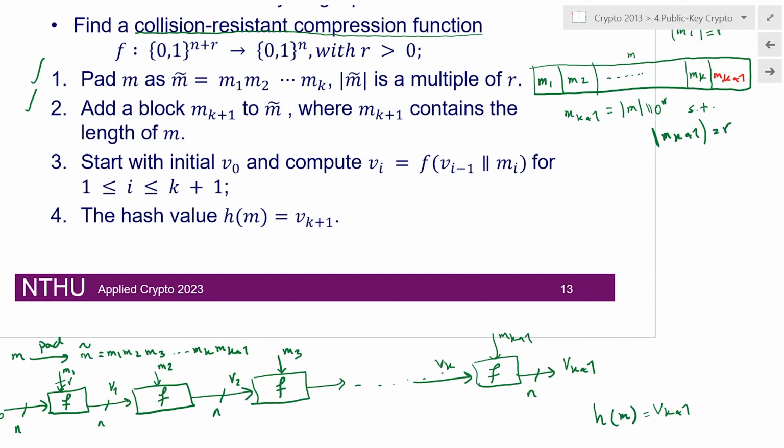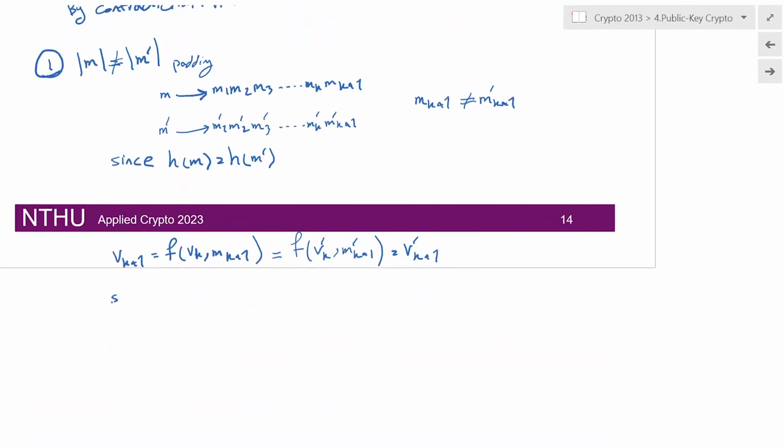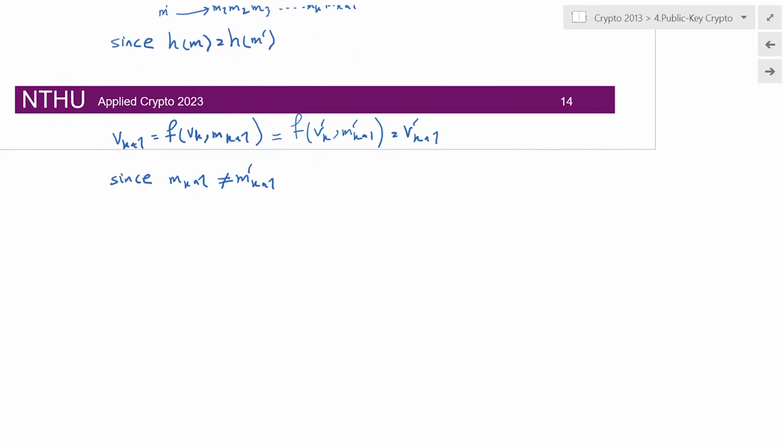So something happened within this last f computation, because even though the vk's may differ, we know that mk plus 1 is for sure different from m prime k plus 1. This is what we know for sure.